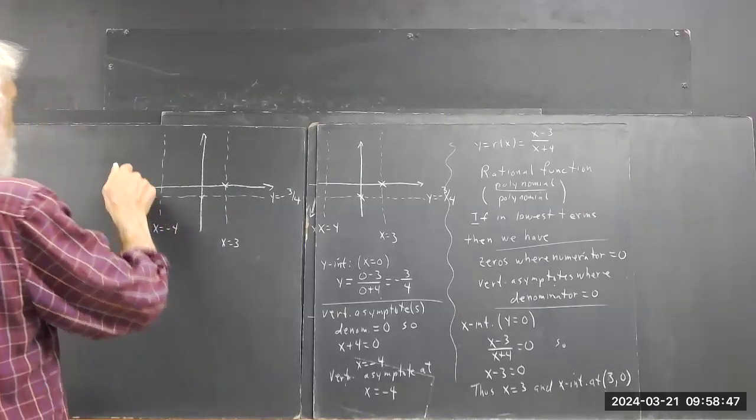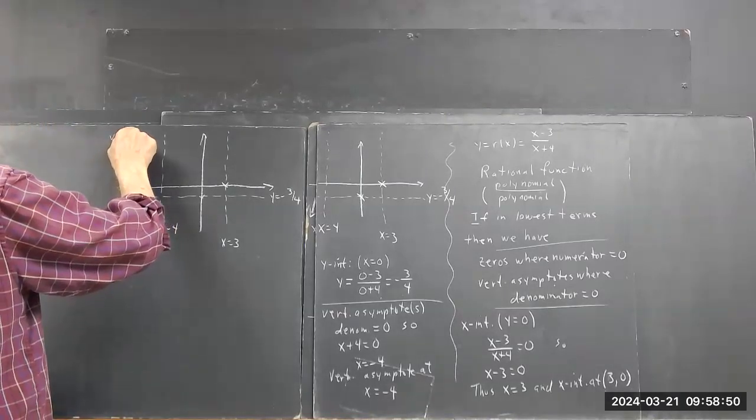We're just going to note for now that this is a vertical asymptote.